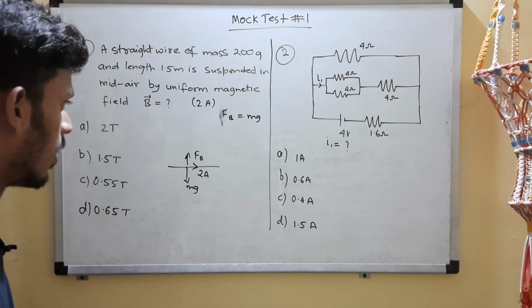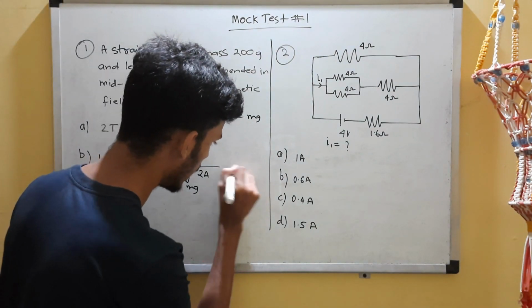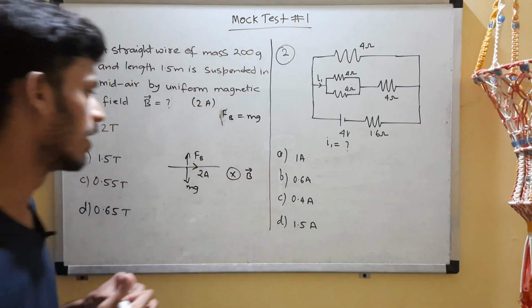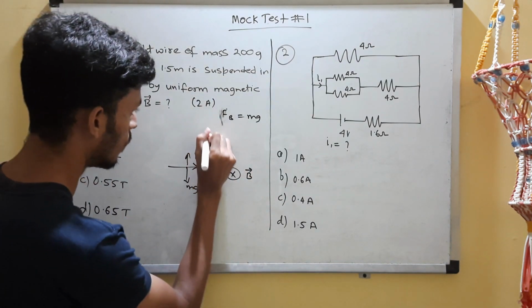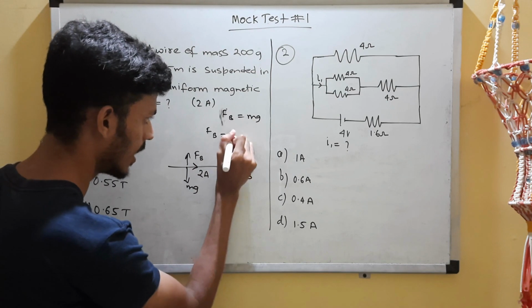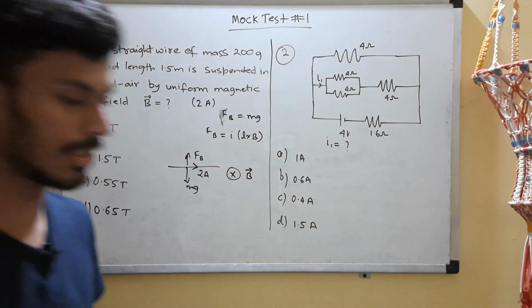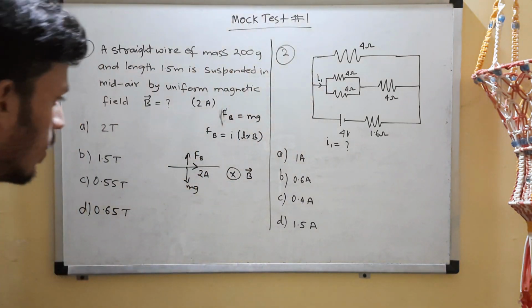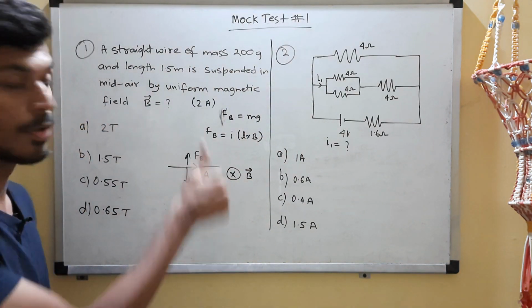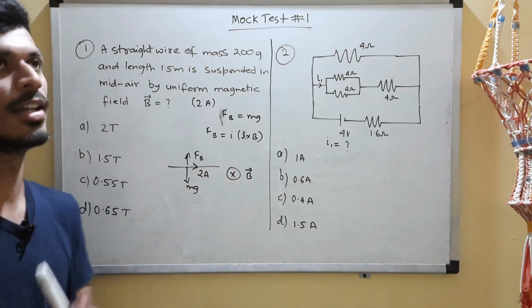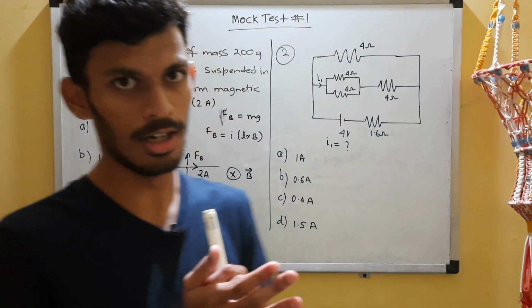Now it is easy to see that the magnetic field will be in the inward direction. Why am I saying so? First of all, the force due to magnetic field is given as I L cross B, right? I L cross B, that is the force due to magnetic field. So we want the force in the upward direction. Remember that L will be along the wire, along the direction of the current.